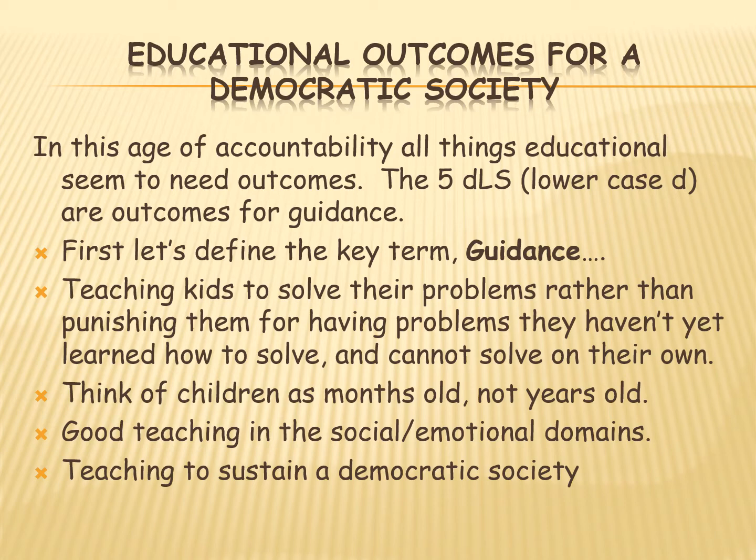An entire section is devoted to social, emotional learning outcomes. While it is deep and big, I think a good way to think about that is how he has framed that here, which is that these are 5 outcomes for guidance.